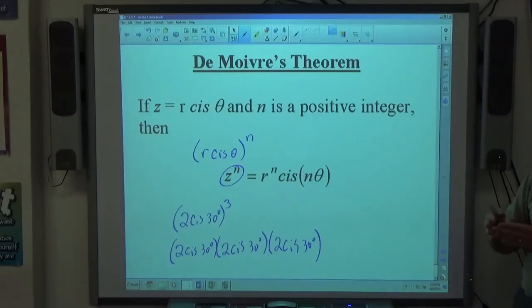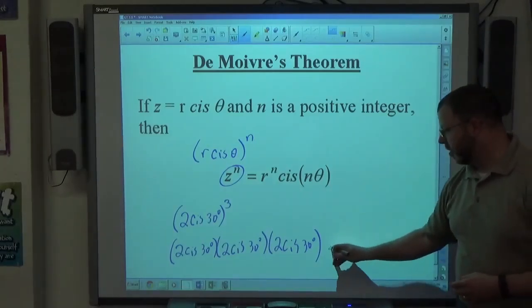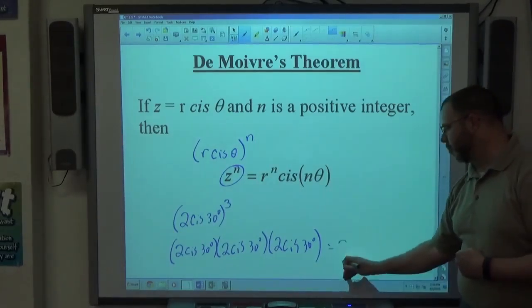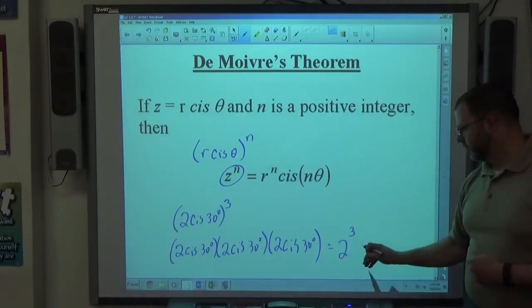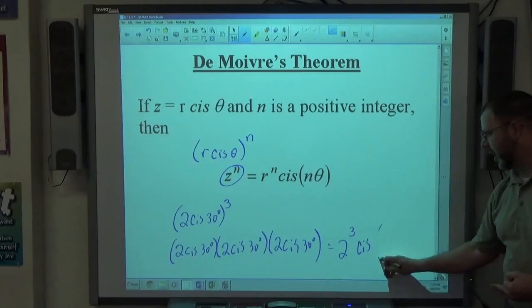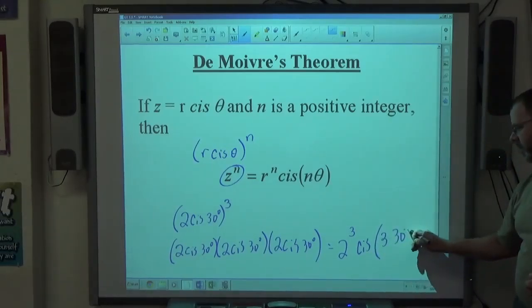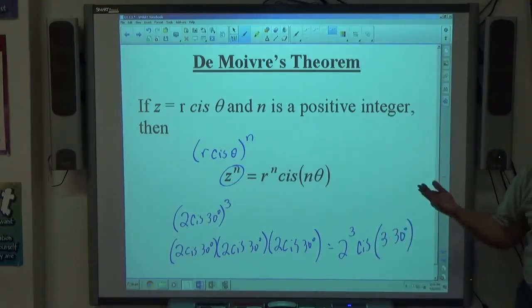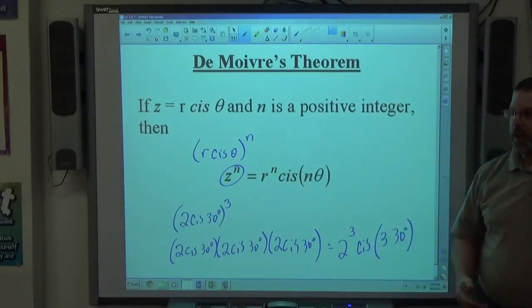And if I'm multiplying those, I multiply all the front numbers, right? So 2 times 2 times 2 becomes 2 cubed, better known as 8. And 30 plus 30 plus 30 is the same as 3 times 30. That's where it comes from. All right? It's just a basic continuation of what we learned yesterday.